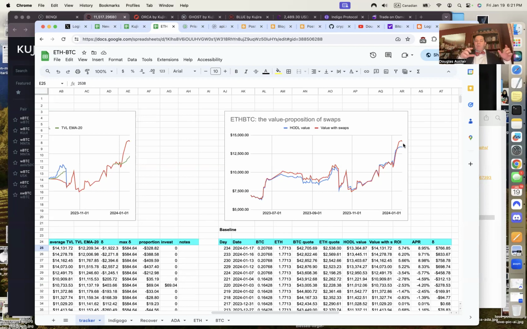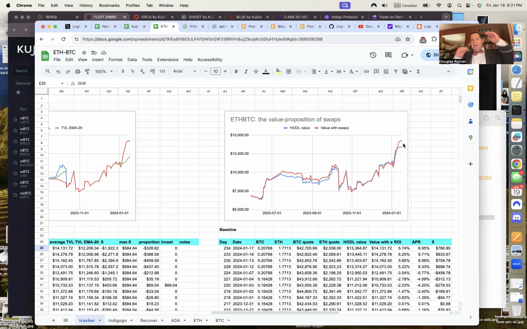So if you started with 1 Bitcoin and 15 Ethereum, by doing the trades back and forth, eventually you have 2 Bitcoin and 20 Ethereum. And then eventually you have 30 Ethereum and 3 Bitcoin. And you put no money in after that initial investment. The portfolio grows because Ethereum and Bitcoin change value relative to each other.